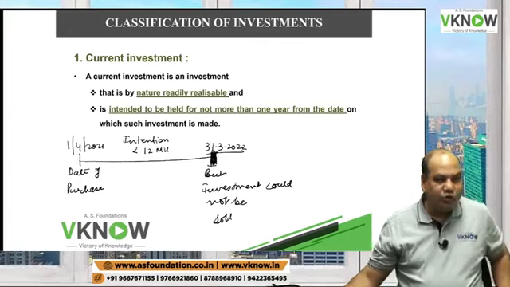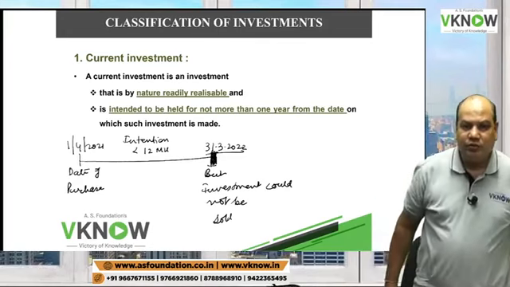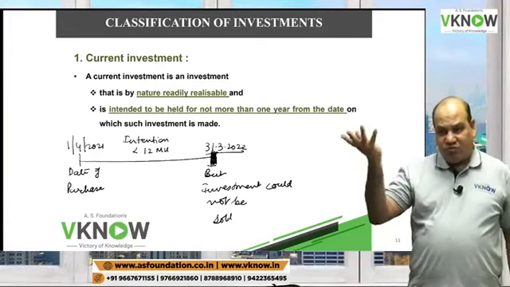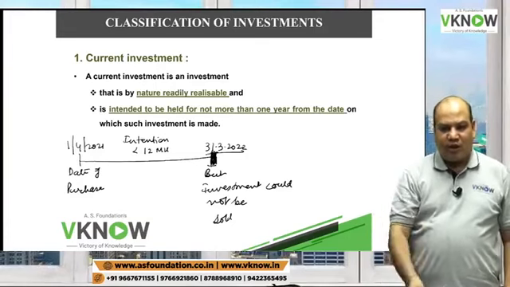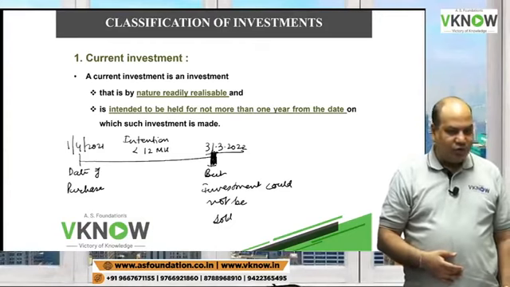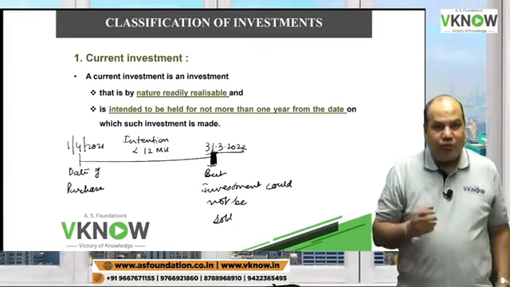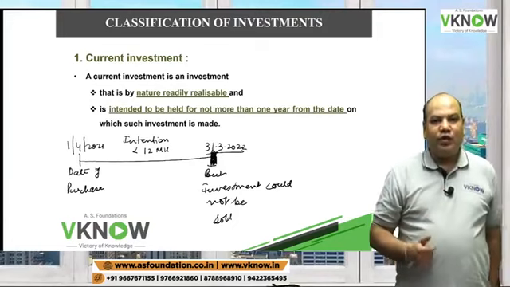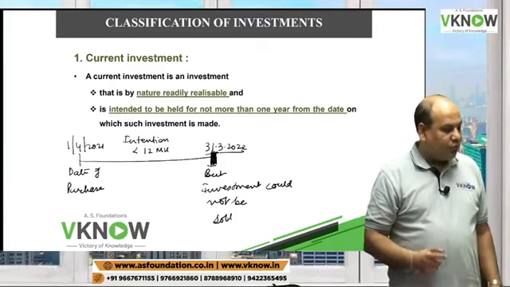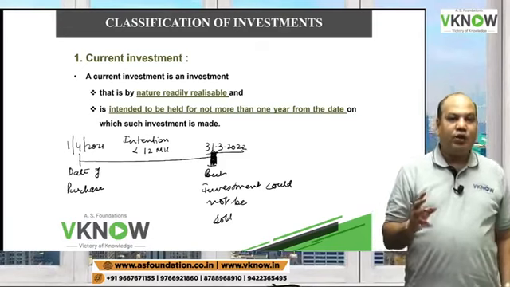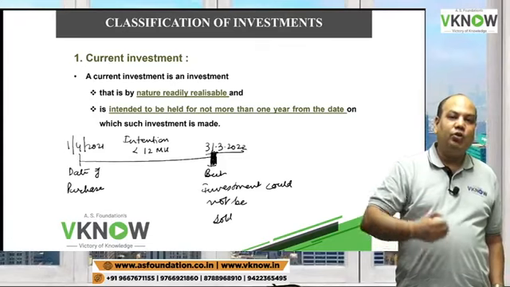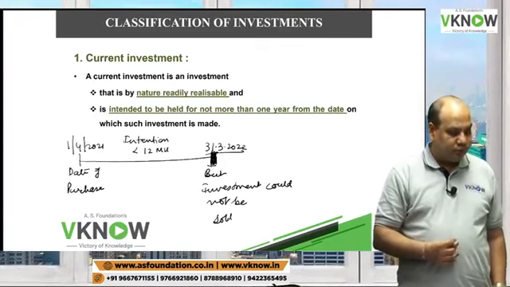Your intention was to hold it for less than 12 months. But there was corona, there was a market crash, nobody was interested in trading in shares. You could not sell it within 12 months. So now we are standing on 31st March 2022. What will be the classification? Can I still call it a current investment, or do I need to reclassify it to a long term investment?